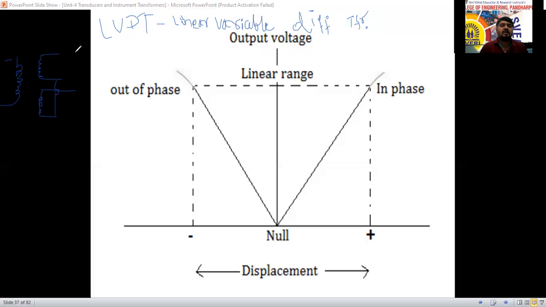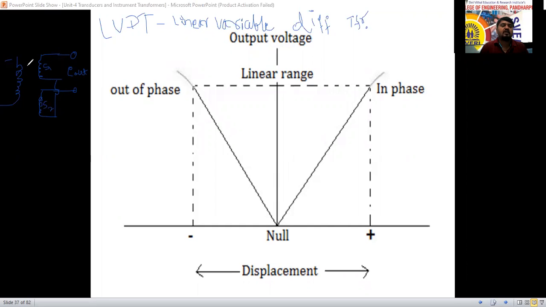So the differential output we are going to get is E out, which is nothing but S1 minus S2.